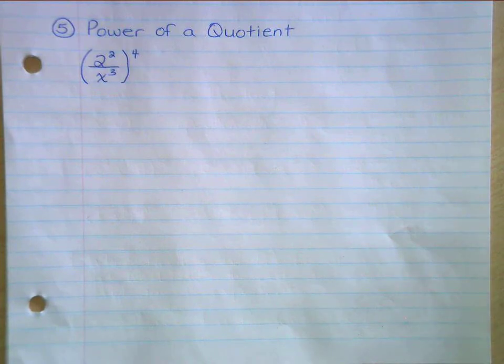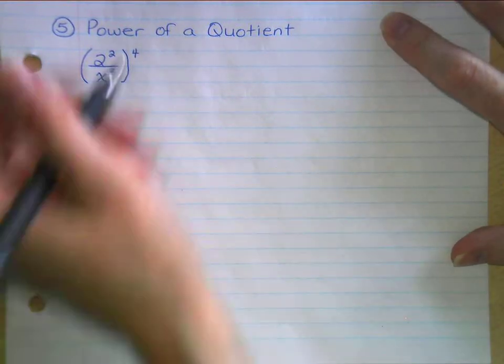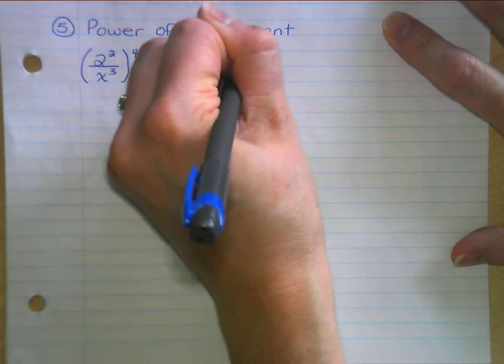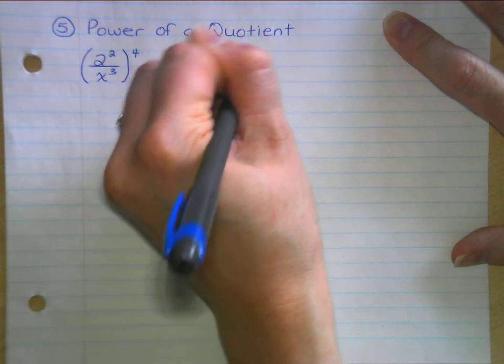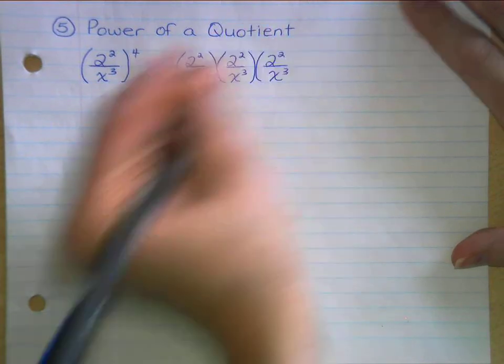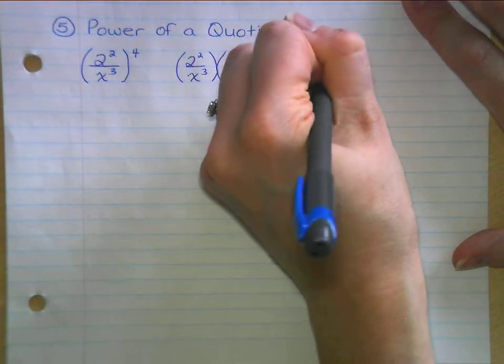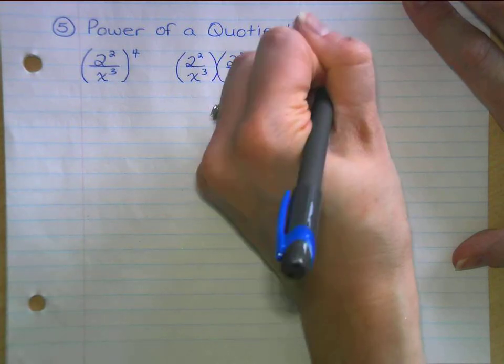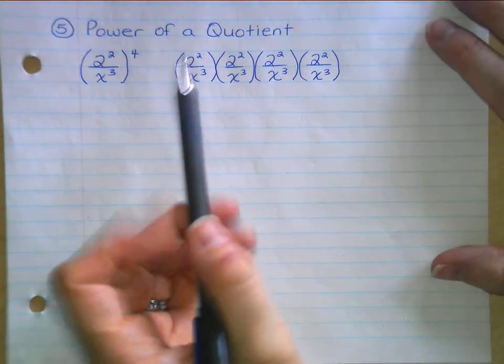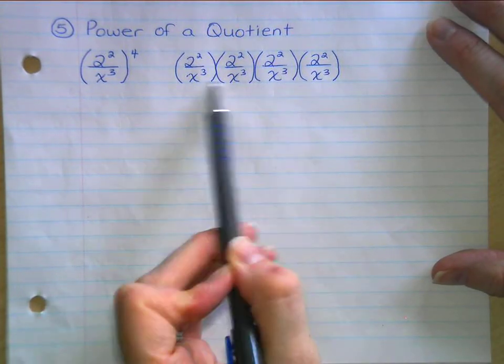So if we were going to expand this all the way, we would have 4 of this bracket. So 2 squared over x cubed, and so on. So that's my expanding. And then now we're just multiplying a bunch of fractions together, and we know that when we multiply fractions, we multiply all of the numerators together, and we multiply all of the denominators together.